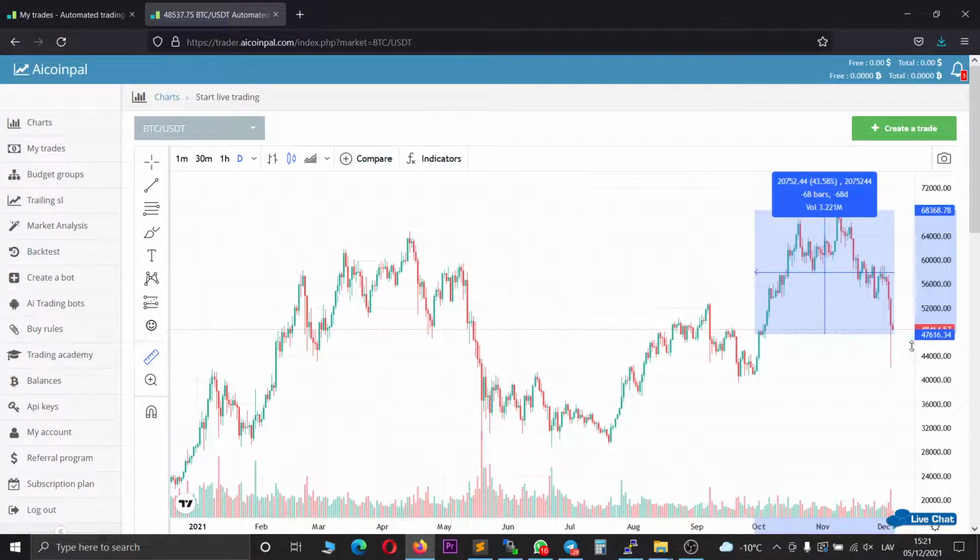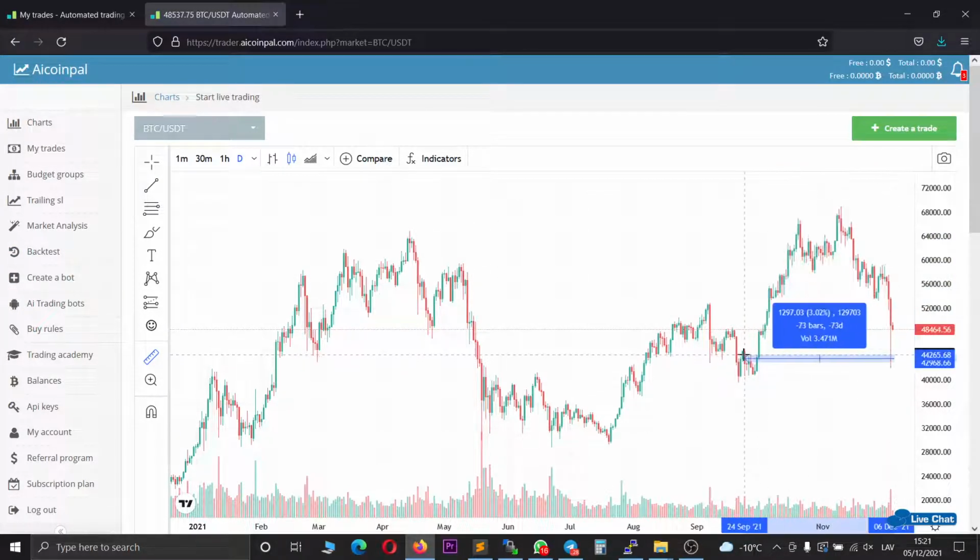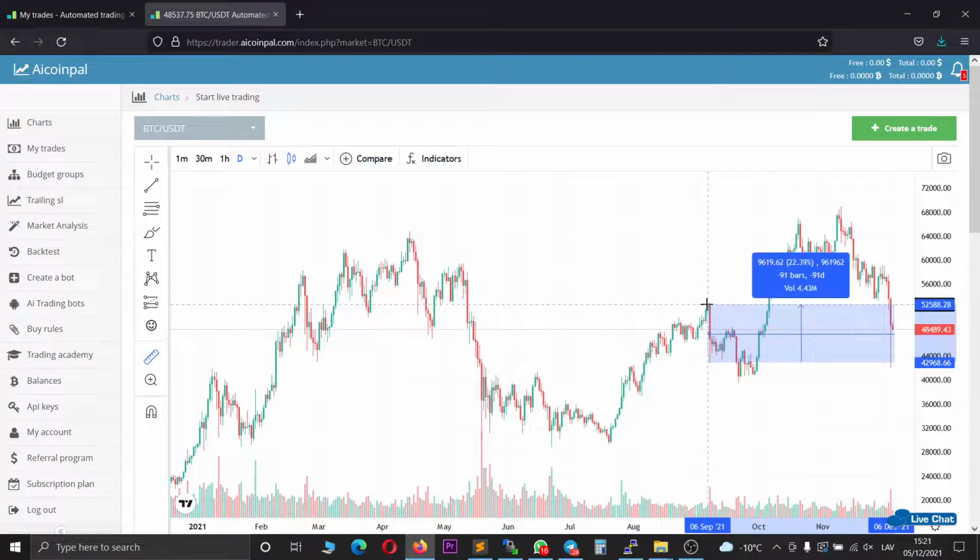Actually, let's just draw a new one. So the price is, here's 3 months. The price is actually a little bit lower than here, and it has gone as much up as down, and I assume that the most dramatic thing for the market has already happened.